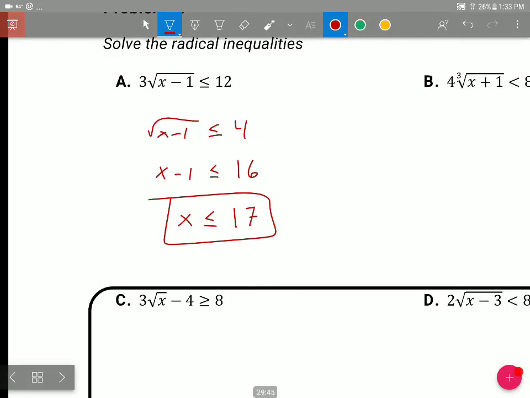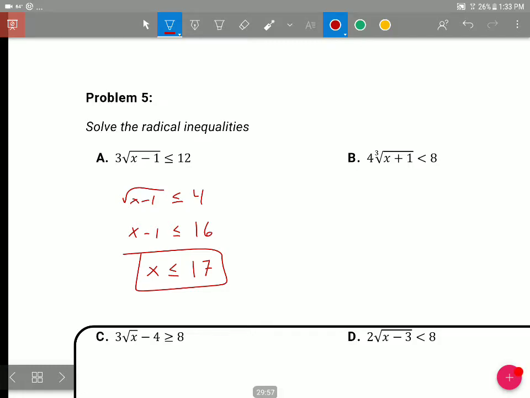All right? And I don't feel the need to do the rest of these, because if you could do anything on the other page, you can do these. Same thing with letter B. Divide by 4, cube both sides. The one thing to remember, this is always true with all inequalities. What is the one rule of inequalities? It goes all the way back to 4th grade.